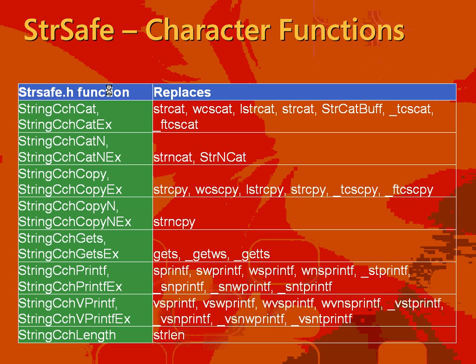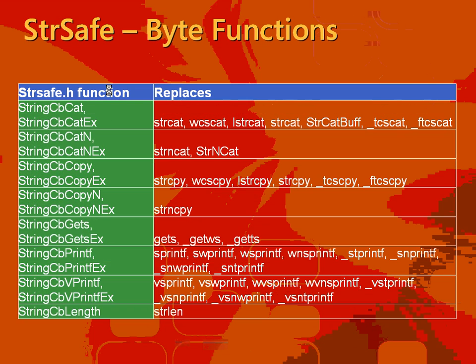So this table was taken from MSDN, and it shows the character count methods. There are also the byte count methods, and these as well provide a great way to copy across. These are both available as ANSI and Unicode, and if you use the base name that does not have an A or a W at the end of it, the compiler will select the right one based on whether Unicode has been defined for the application or not, and how the headers handle that.